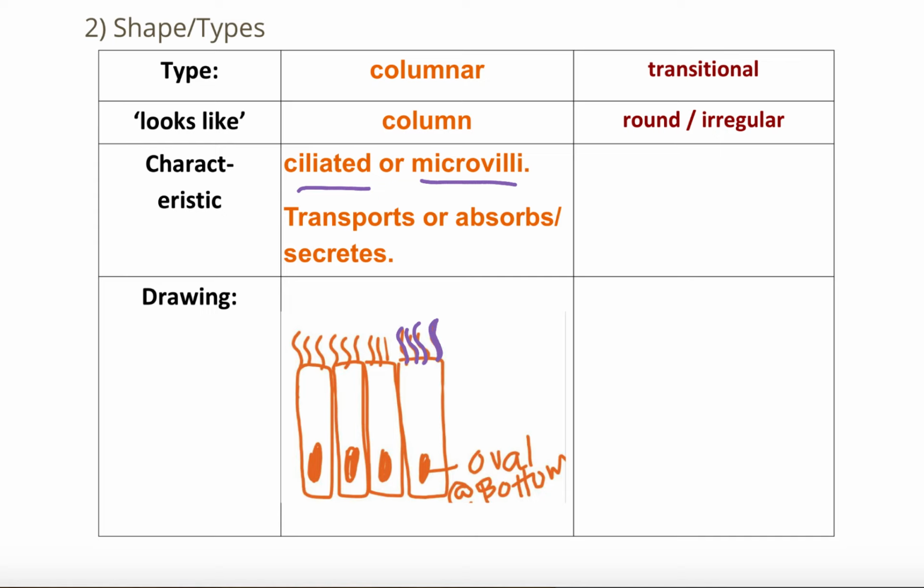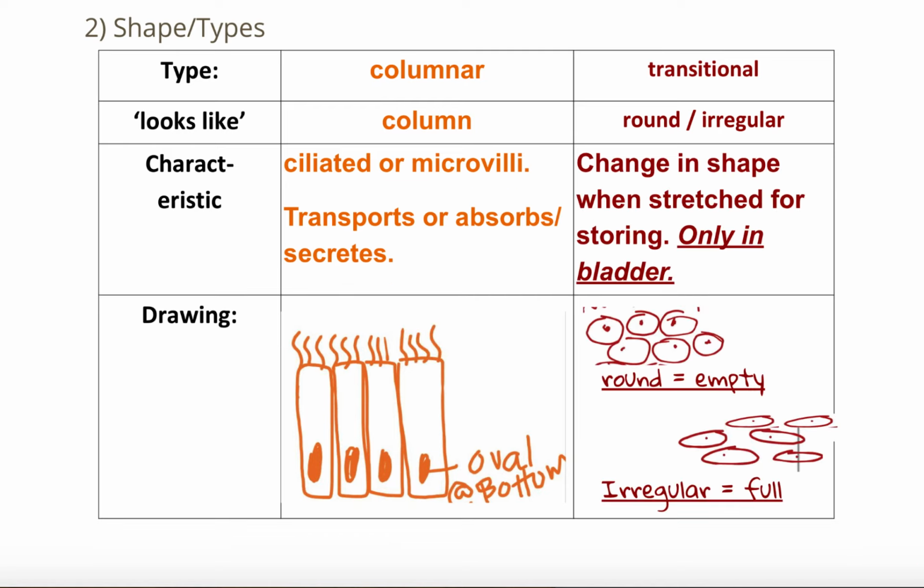Transitional is transitional, meaning it transitions or changes shape throughout the many layers. Some students get confused with this with stratified squamous. So again, that histology video is going to be helpful for this. And in this case, the thing here is it changes shape when stretched. Now, changes shape when stretched doesn't mean it goes from round to squashed.